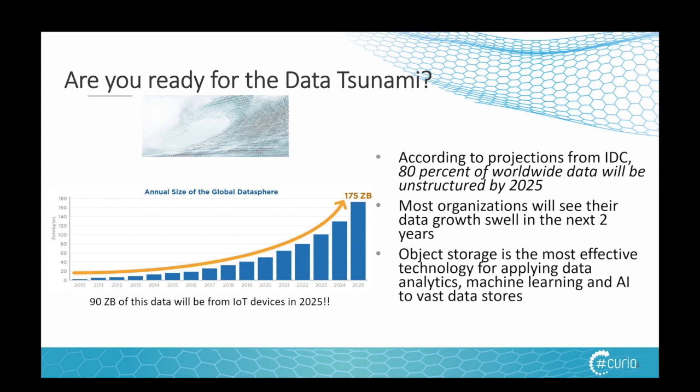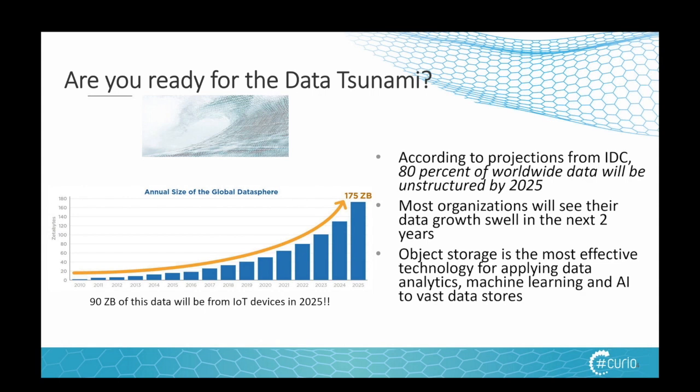Also, most organizations state they will see a data growth swell in the next 2 years. Where's that data going to grow? If you see most of the charts out there, it's heavily going to be unstructured, because of all this new machine-driven information pouring in. Look at all the cars. More and more cars are going electric, and with those come more and more compute to look at everything going on, pushing terabytes of data.